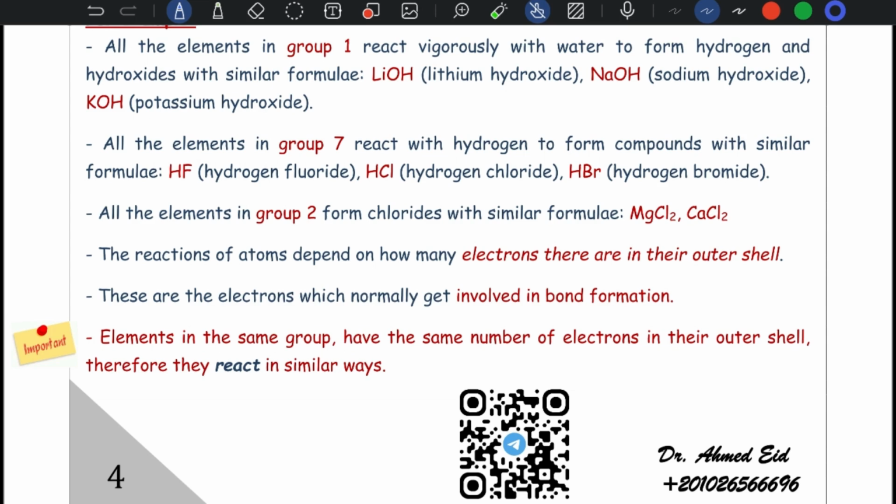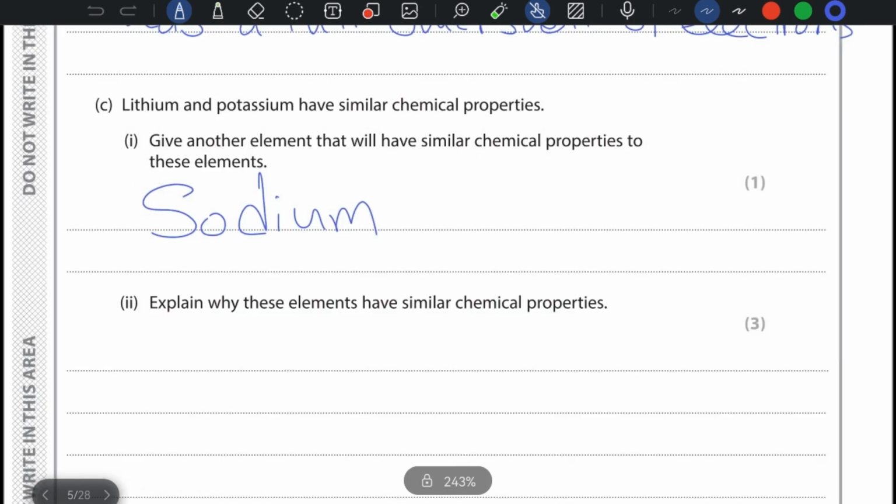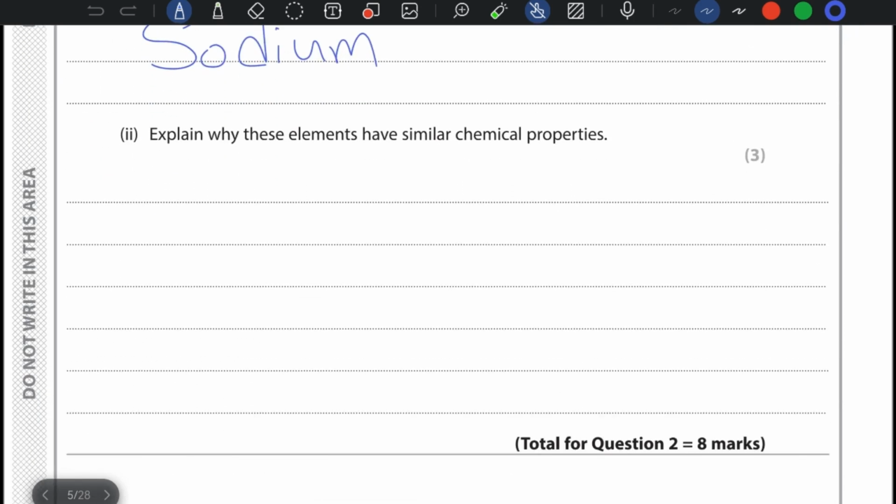Next question asks about this part. Explain why these elements have similar chemical properties, and this question was 3 marks. So we have to say that they are all in group 1.